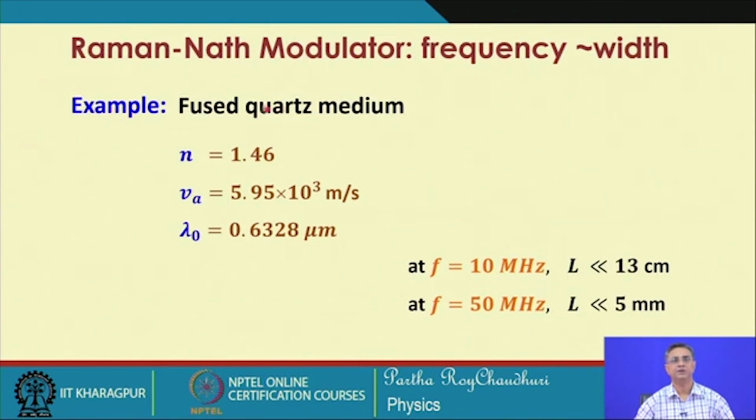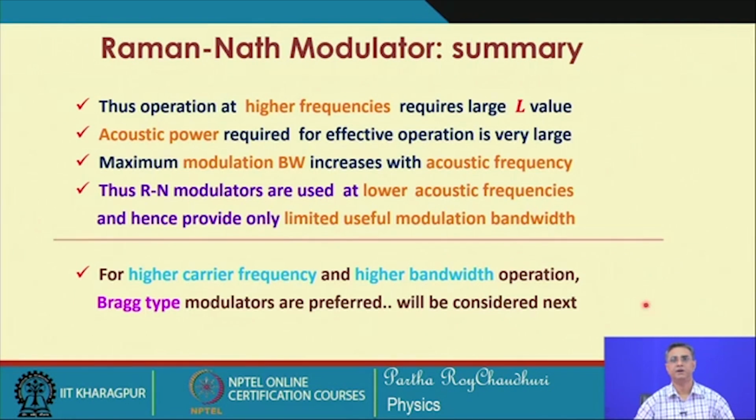For example, if we take the case of fused quartz, then n equal to 1.46 for an acoustic wave velocity of 5.96. These are the typical values, and for a helium neon laser wavelength of 0.6328 micrometer, the required L for 10 megahertz is less than 13, and for 50 megahertz it is this.